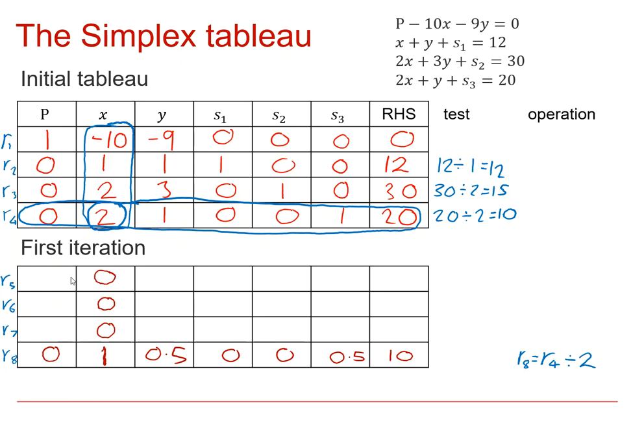Now for the other 3 rows, the way we're going to do these is a little bit different. I need to create a 0, and there are all sorts of ways I could do that, but what I'm required to do in the simplex algorithm is to make this by taking the whole of the row that we started with. So to create row 5, I'm going to start with row 1. I don't have any choice about that. And then what I need to do is add or subtract a multiple of the pivot row.